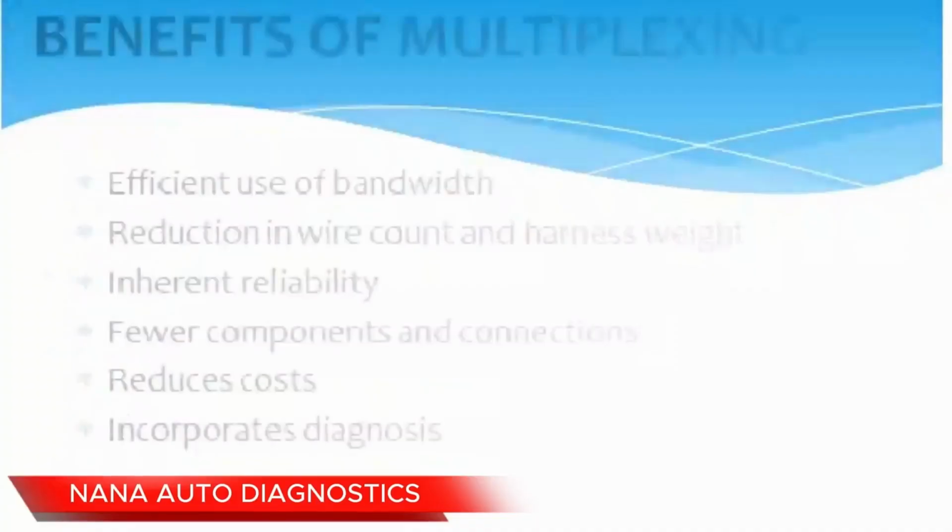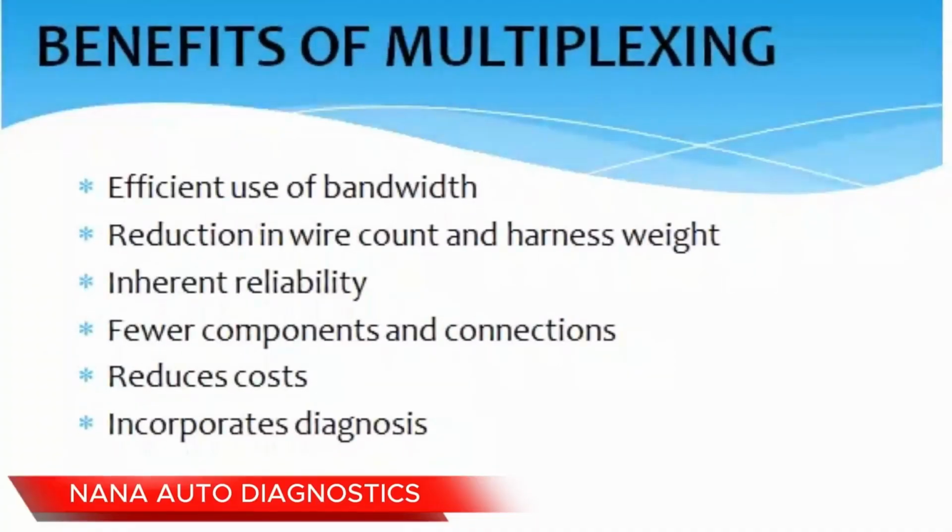So let's look at the advantages of multiplexing. One of the advantages is that it reduces traffic on a communication channel, and that is embodied within the efficient use of bandwidth. Two, there is reduction in wire count and hence harness weight.